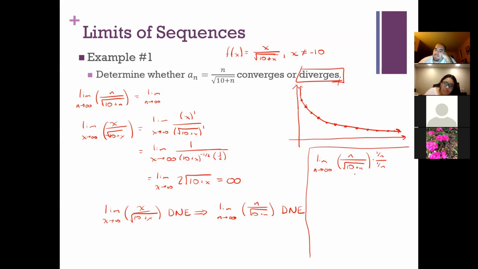That is going to make the numerator equal to 1. For the denominator, I'm going to put this intermediate step in: 10 plus n times the square root of 1 over n squared. So is it okay with you that I called 1 over n the square root of 1 over n squared?